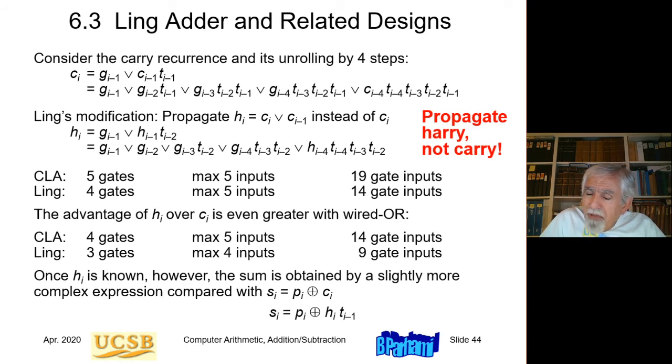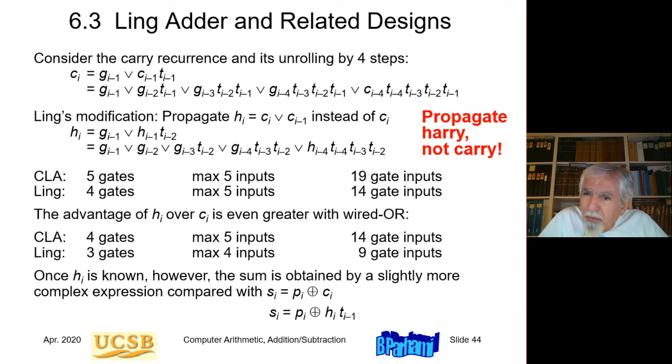is a little bit different from the recurrence for Ci. Remember, Ci was Gi minus 1 or Ti minus 1 and Ci minus 1, or Pi minus 1. In this case, Ti minus 1 is replaced by Ti minus 2 because of that change that we made.